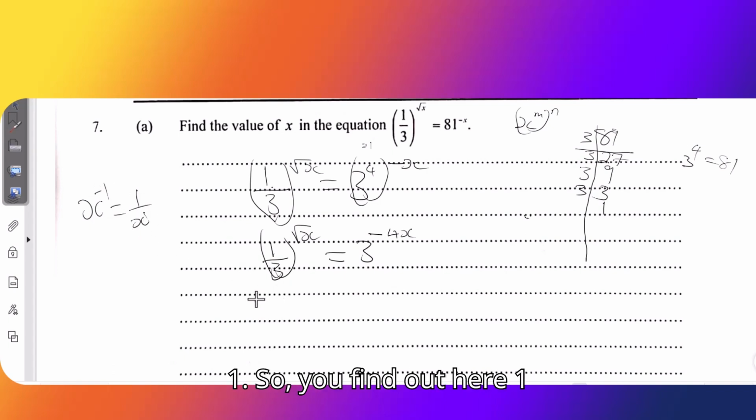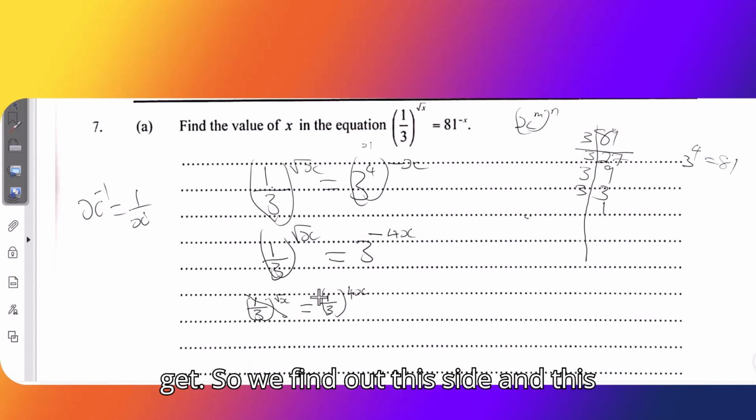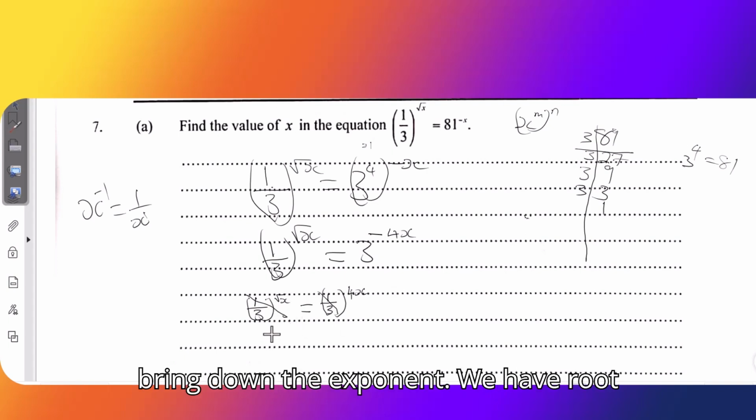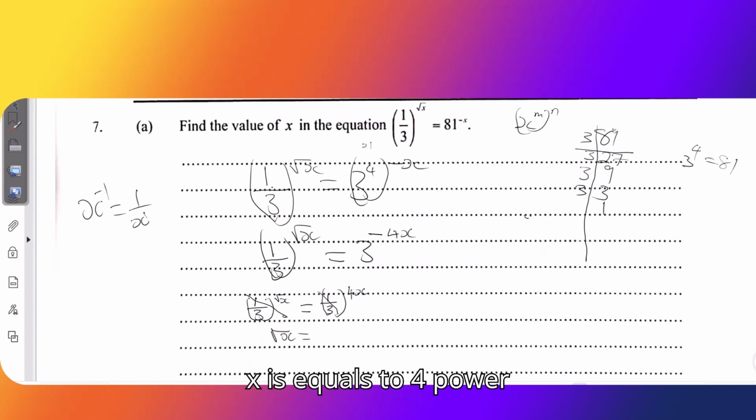So 1 over 3 power root x will give us nothing but 3 power negative root x. You find out this side and this side have the same base, so we cancel and bring down the exponent. We have root x is equal to 4x.